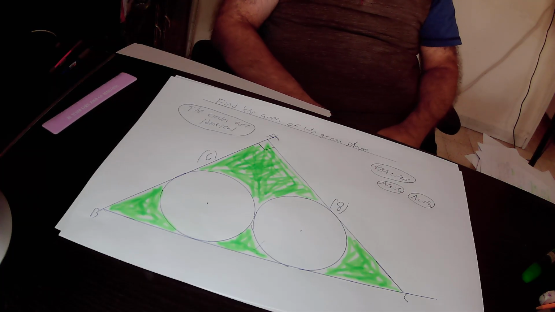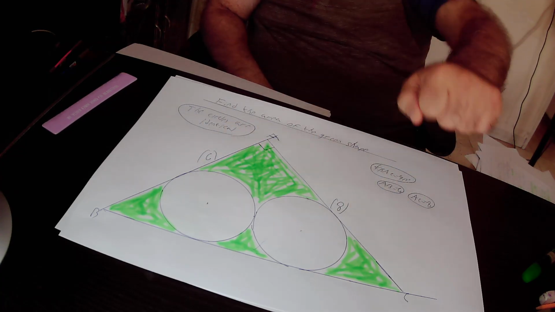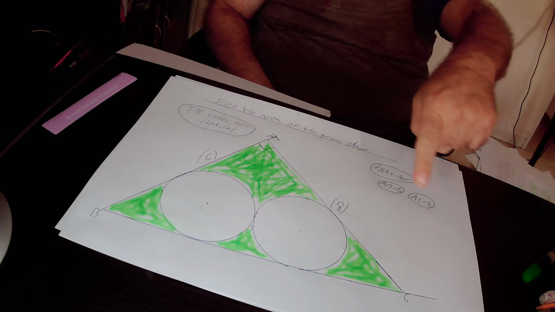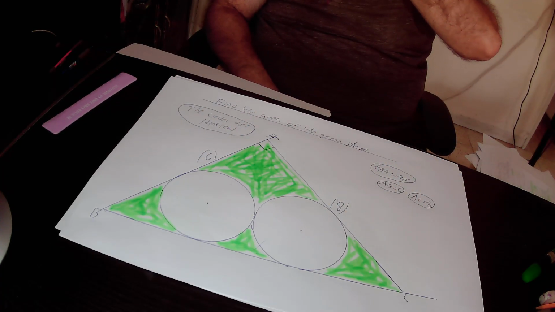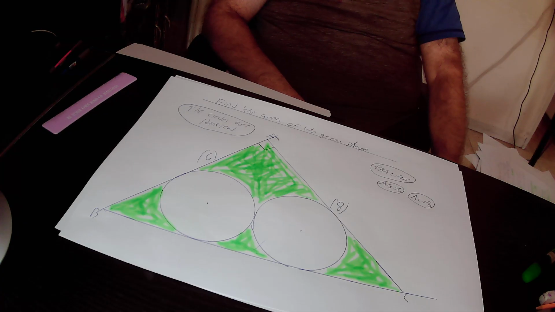So first of all, we find out the length of the hypotenuse BC of triangle ABC. According to the Pythagoras theorem, in any right triangle, the square of the hypotenuse equals the sum of the squares of the perpendiculars.